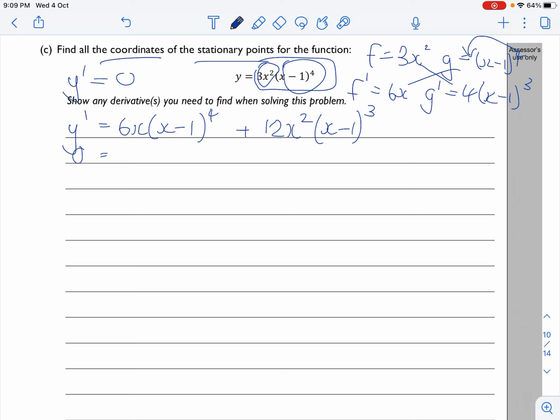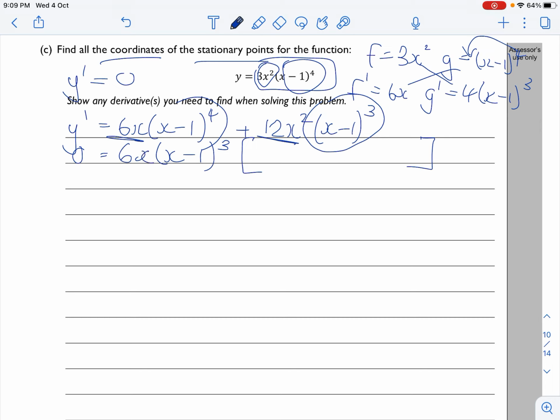Now what we want to do here, looking at two things, is look at what common factors there are. First of all, we've got 3 x minus 1's there, and we've got 4 there, so we can actually pull x minus 1 to the power of 3 out the front. Okay, we'll just make some square brackets there. And if we look at these two things here, we can pull a 6 out the front and also an x.